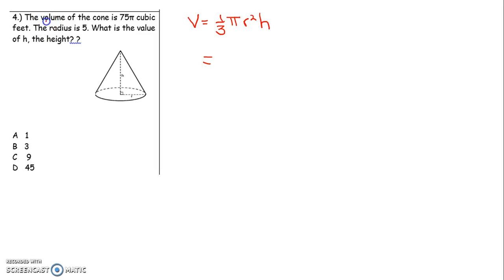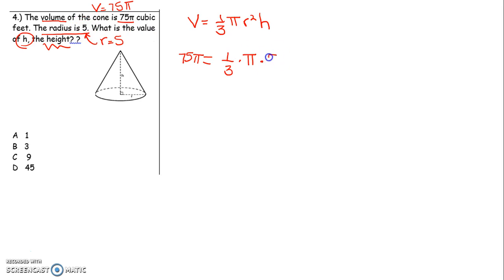So here, what am I given? I'm given that the volume is 75 pi, so V is 75 pi. I know that the radius is 5, so R is 5. And they want to know the height. I don't know H, so that's what I'll be solving for. In place of V, I can substitute 75 pi. Then I have 1/3 times pi times R squared.